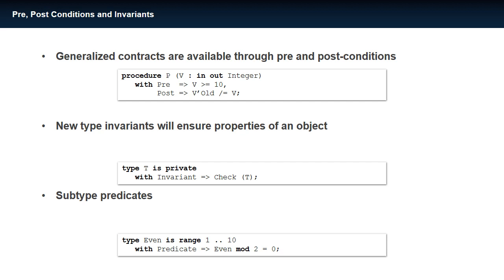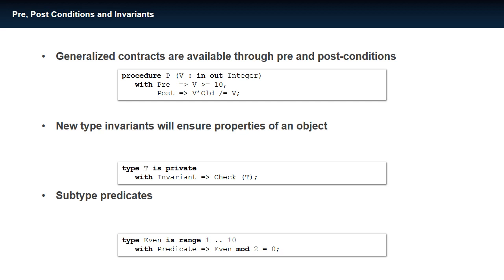We can get a much better idea of what this procedure is supposed to do by looking at the pre- and post-conditions specified here. The precondition says that the parameter v has to be greater than or equal to 10 when the procedure is called. This check gets inserted by the compiler at runtime.